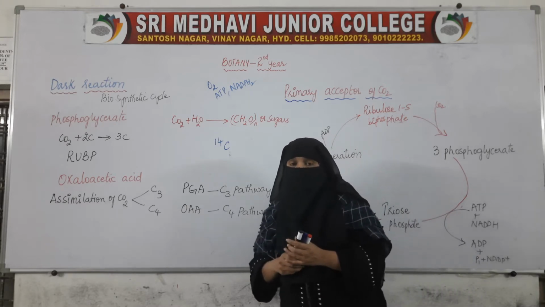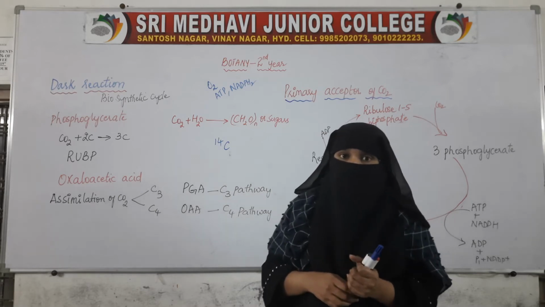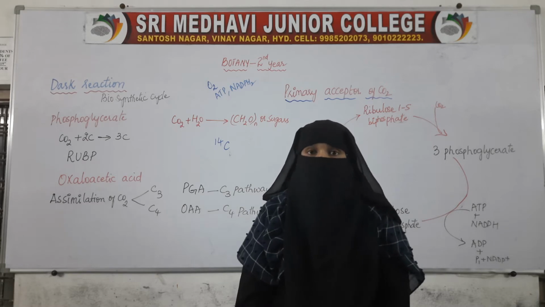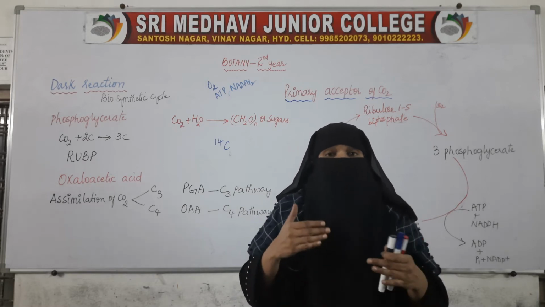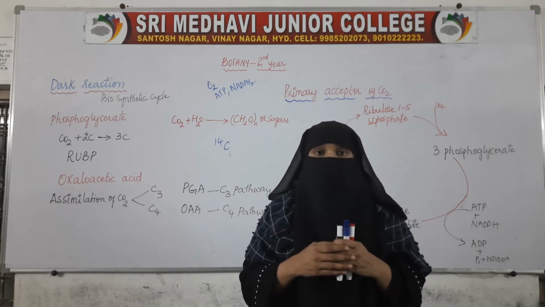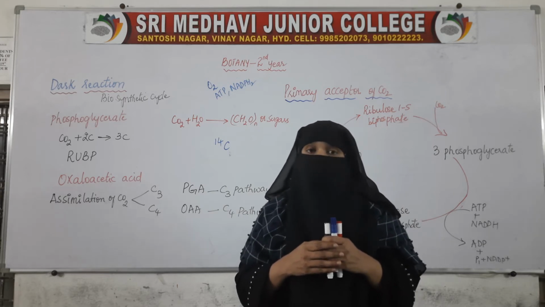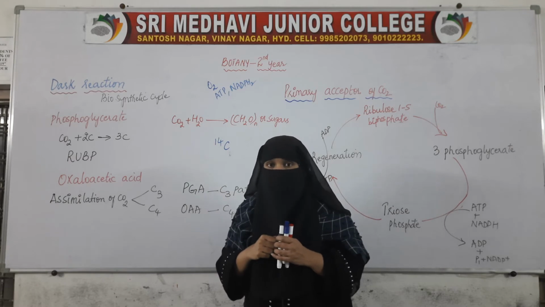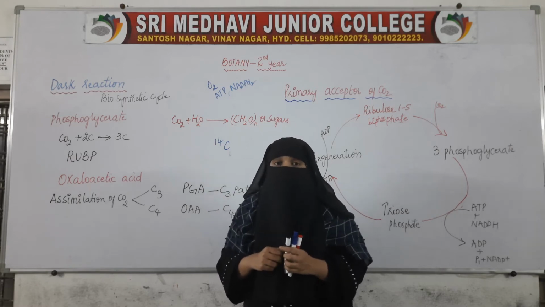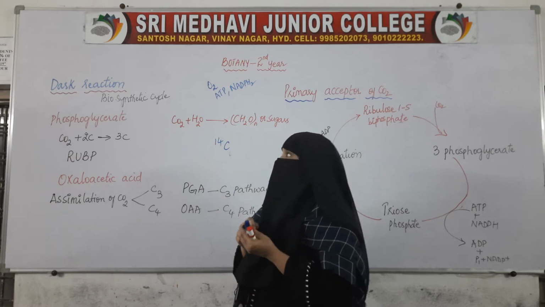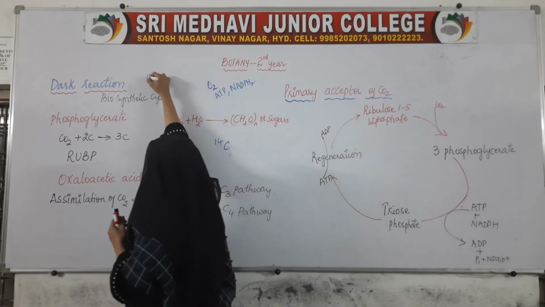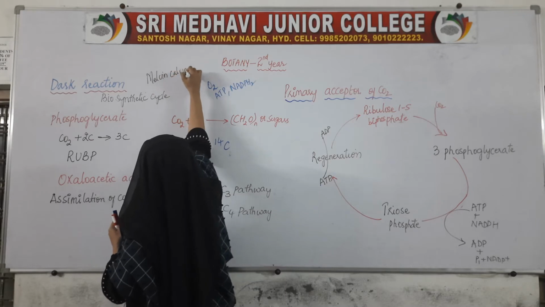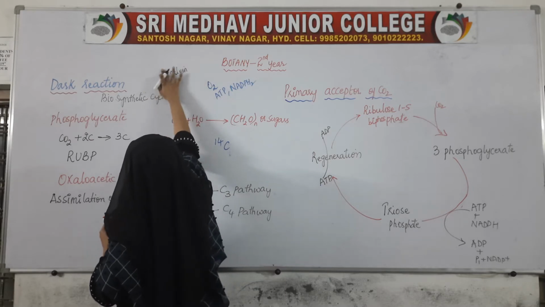Many scientists did experiments, but the work worth mentioning is that of the scientist Melvin. He explained everything in detail about the dark reaction. That is why this dark reaction, or biosynthetic phase or biosynthetic cycle, is also termed the Melvin-Calvin cycle, or we can even say the Calvin cycle.